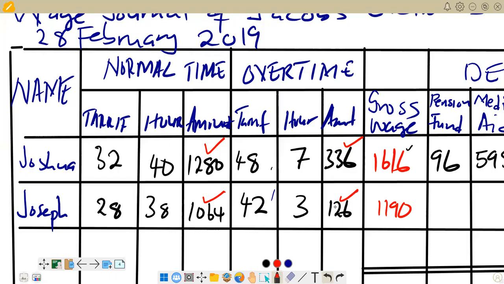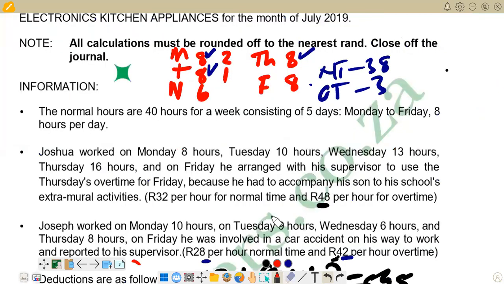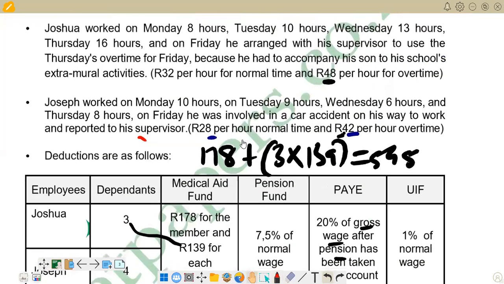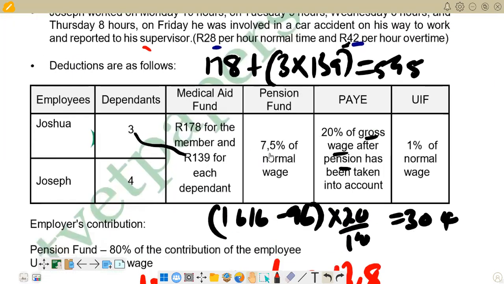Then for pension, we go again back to check the instruction in terms of pension. If you go down there, that's where we have the instruction on the table. Pension, they're saying 7.5% of normal wage.